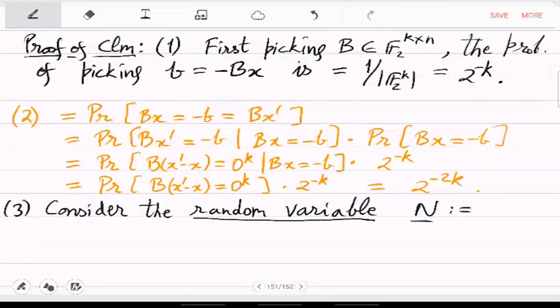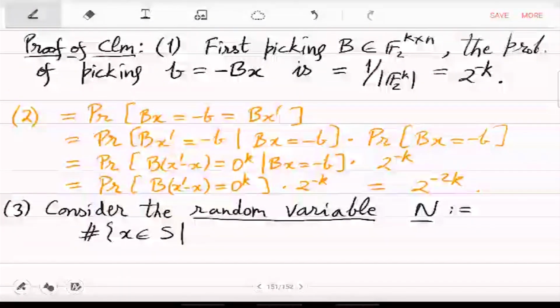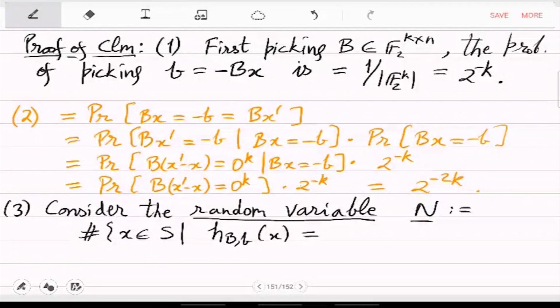We will define n to be the number of x's in S which under the random hash function vanish, go to the 0 bucket.